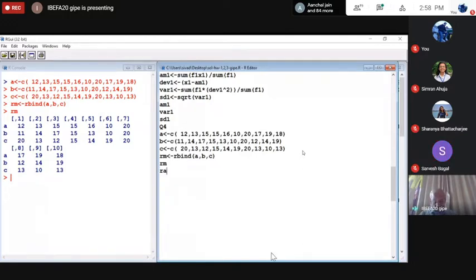Row-wise arithmetic mean: apply RM1 mean. Row-wise variance RV: apply RM1 var. Row-wise standard deviation: apply RM1 sd.